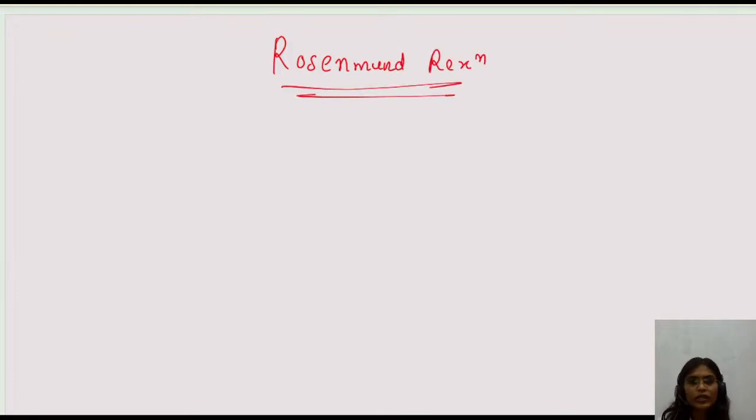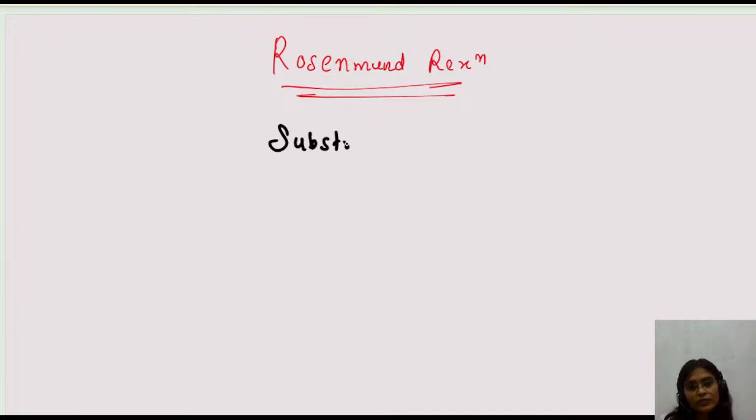And let's write the name of the reaction. It's a really very important reaction, that is the Rosenmund reaction. So what is this Rosenmund reaction? In this case, first of all, make a kind of chart for every name reaction. First, the substrate.